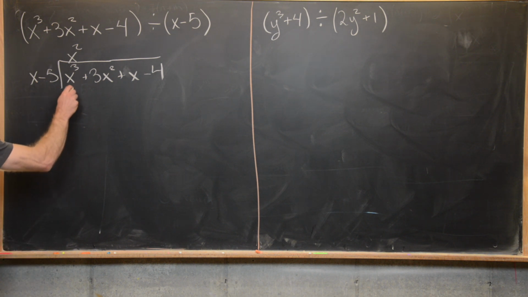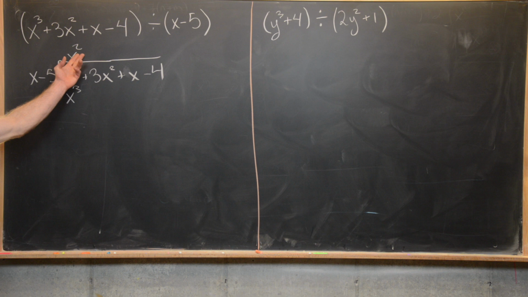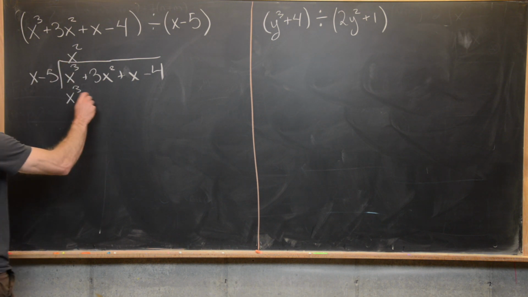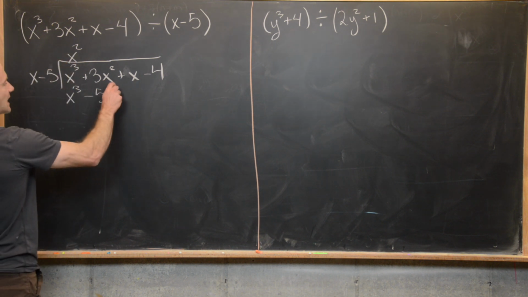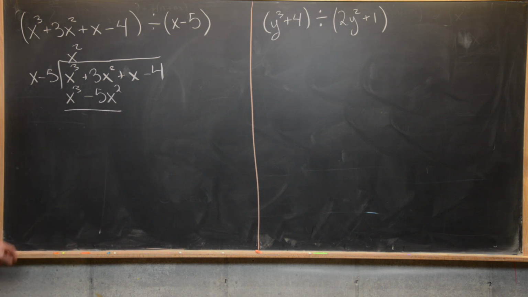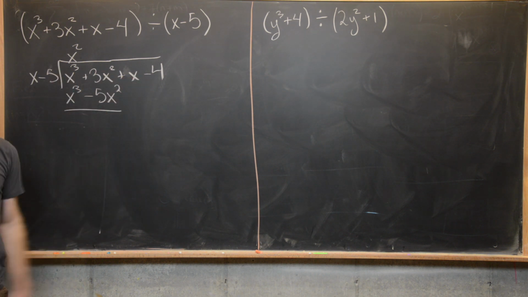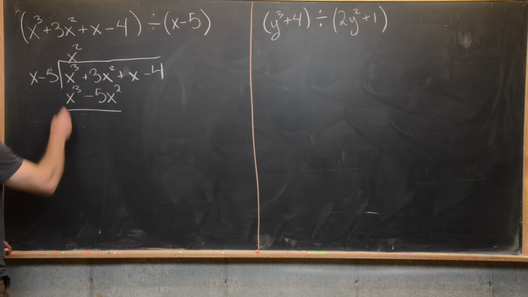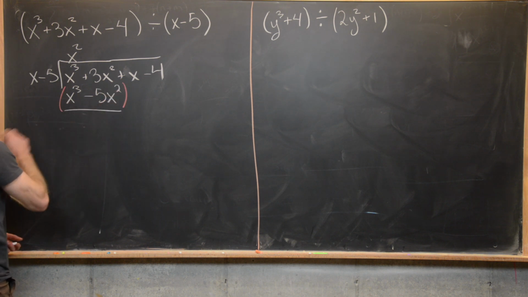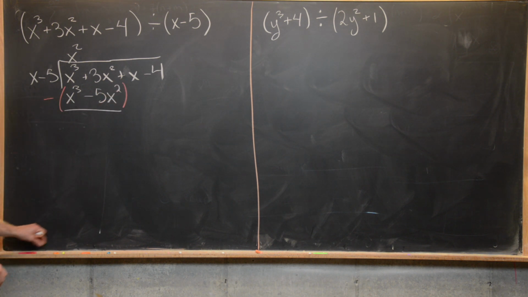So that's going to give us an x cubed here, but then we also have to multiply x squared by this negative 5. That'll give us a minus 5x squared here. Now what we want to do is subtract this entire polynomial from our starting polynomial, but that means that we're really grouping these together and then subtracting.